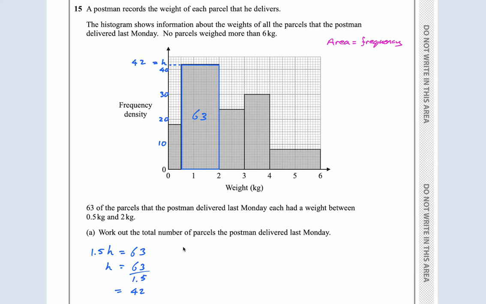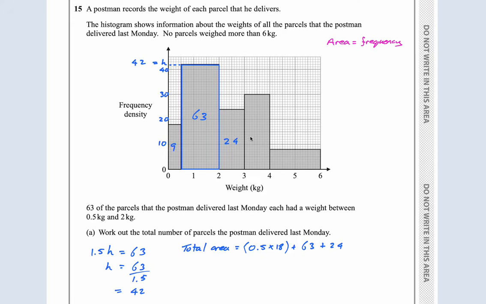So let's see, total area is equal to 0.5 times 18 plus this area, which is 63. Plus this area, this is actually easy. It's just 1 times 24. This is 24, guys. 0.5 times 18 is actually 9.